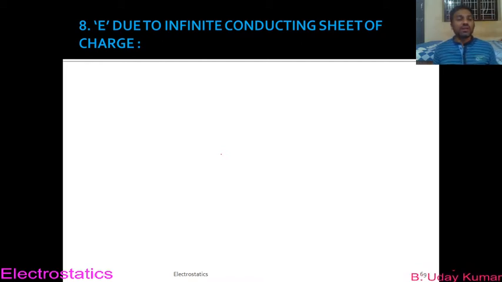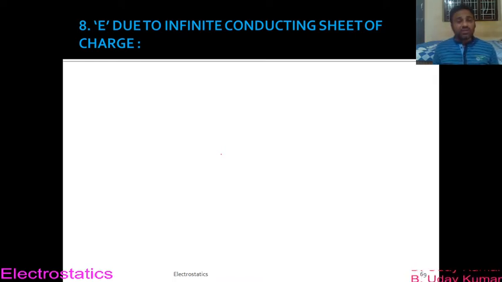Similarly, in this slide we try to understand what a conducting sheet of charge is, what kind of distribution it comes under, and also the basic diagrammatic part of the infinite conducting sheet of charge. How do we represent it, and how do we understand the basic construction of it? All those things we try to get in this slide.